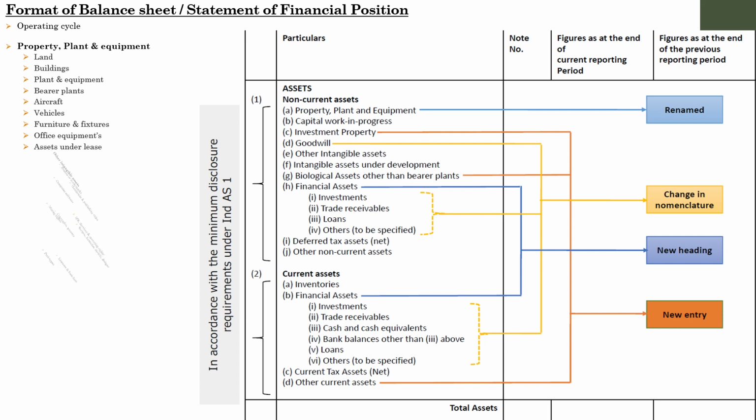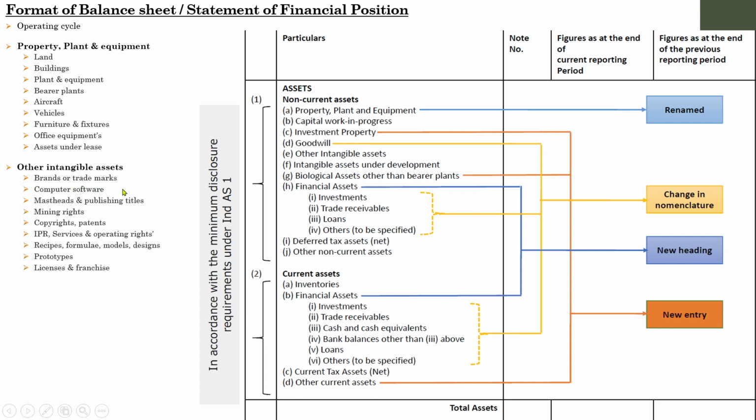Other intangible assets include brand and trademarks, computer software, mastheads and publishing titles, mining rights, copyright and patents. IPR means intellectual property rights, services and operating rights, recipes, formula, models, designs, prototypes, licenses and franchise. These are some of the examples of intangible assets.